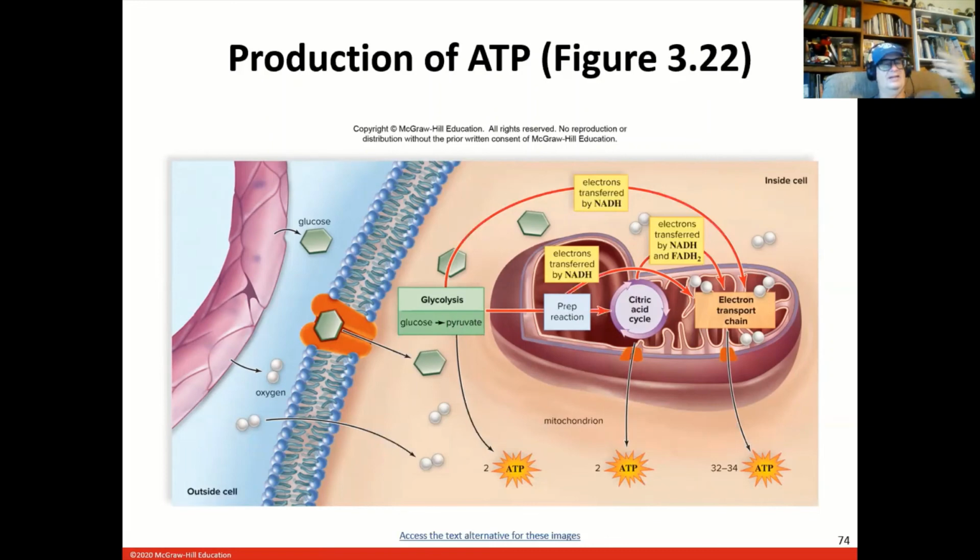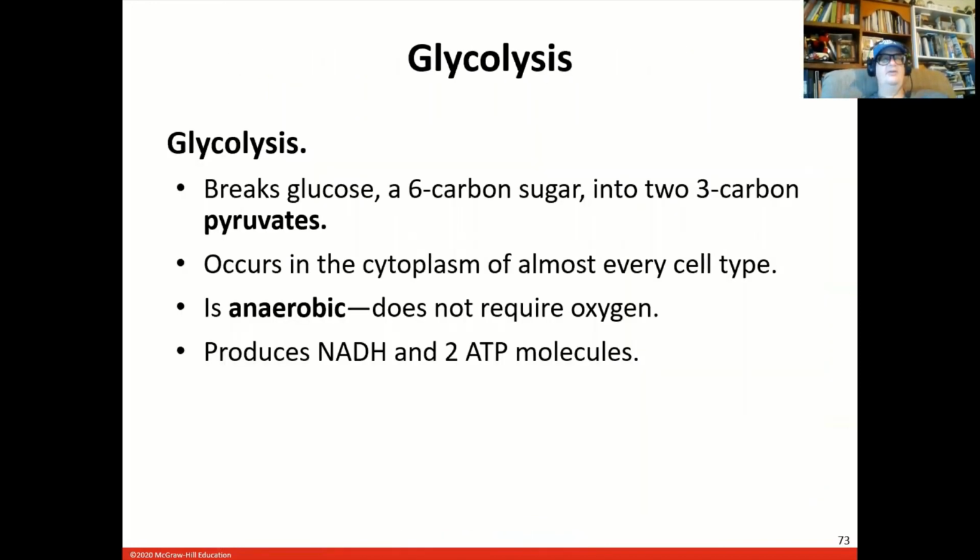So I don't know how much detail you want to get into here, but if you need to know, every time we break a bond, we harvest the electrons to use later in the electron transport chain. So that initial break, you harvest some electrons. The NADH that they were talking about right there carries those high energy electrons.